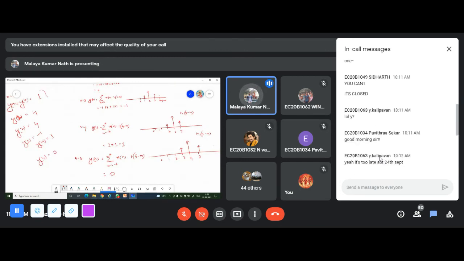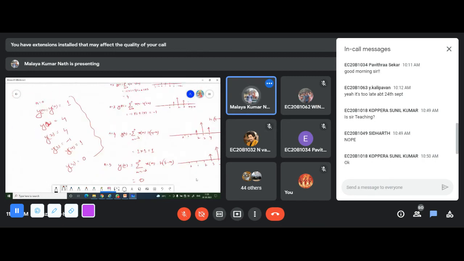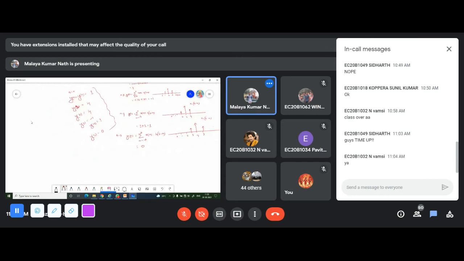So this is called your convolution output. Now we'll plot it. This is your y of n, and this is your n variable. So n is equal to 0, n is equal to 1, n is equal to 2, n is equal to 3, n is equal to 4, n is equal to 5. Y of 0 is giving rise to 0.